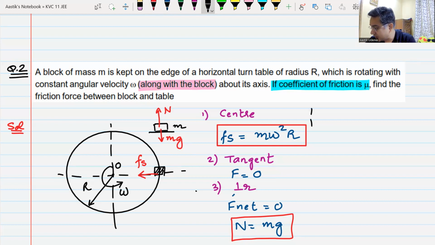That is not required, that was not asked in the question. But there could be one more question that could be asked. If I keep on increasing the angular velocity of this table, will the block always keep on moving with the table, or at some time something else will happen?